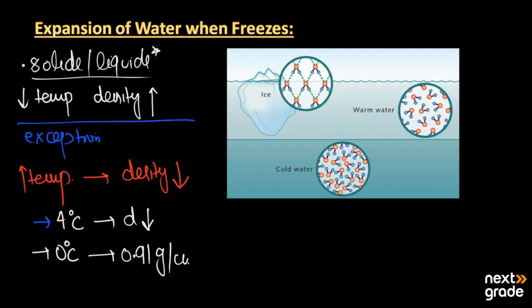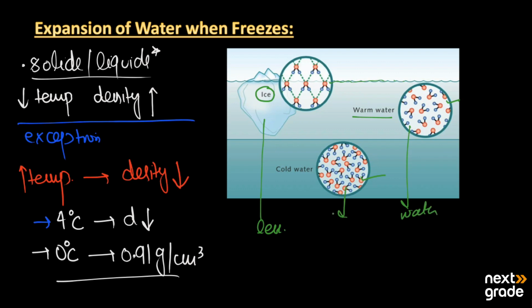gram per centimeter cube. So in this picture you can see that we have the warm water present in the central layer. The cold water goes down, but when the water starts to freeze and becomes ice, it starts to float over the surface of the water. Now why? Because the density of the ice is less as compared to the warm water and the cold water.